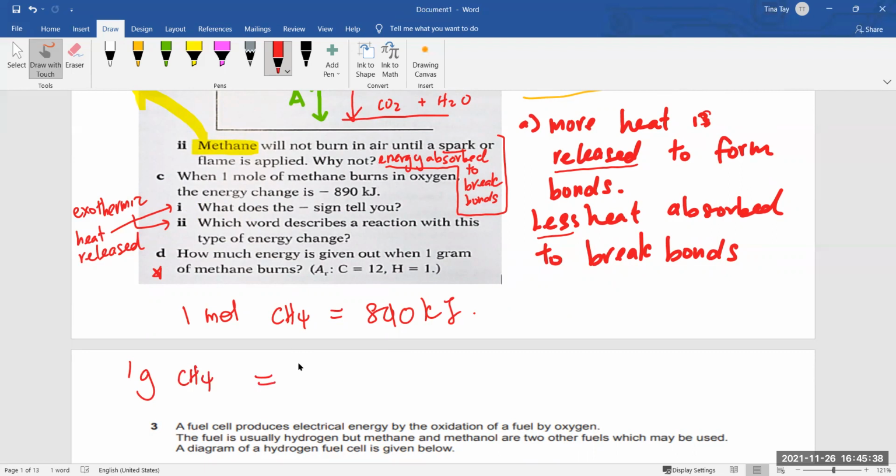So you find how many moles. 1 gram of methane is mass over molar mass. 1 gram is the mass. Molar mass, carbon is 12, hydrogen is 1 times 4 because it's CH4, so it's 16. So if 1 mole is 890, 1 gram is 1 over 16 mole. So the heat released is 1 over 16 times 890.